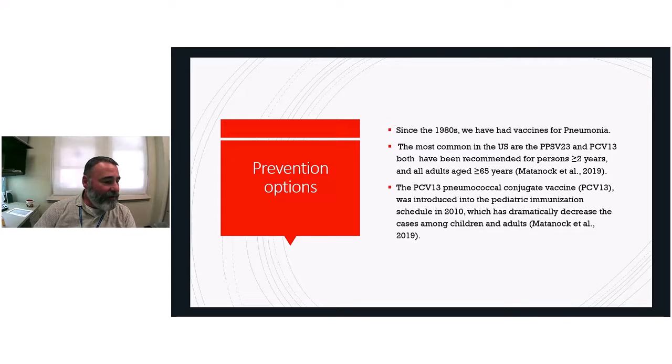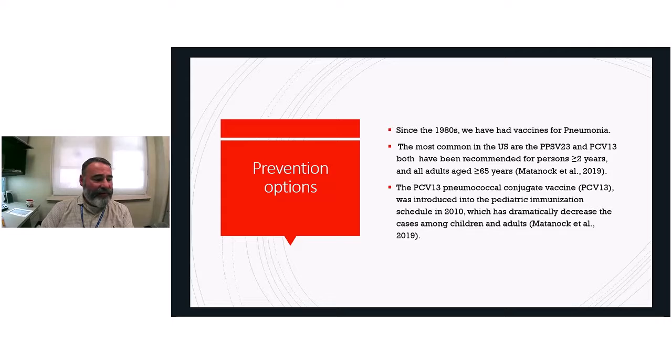So, for the CDC guidelines, for the PCV13, they recommend that all children younger than 2 years of age and all people 2 years of age or older with certain medical conditions should get the PCV13.